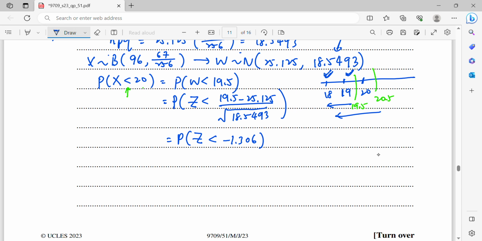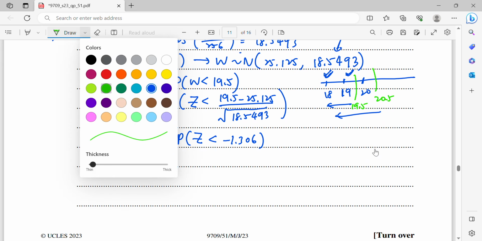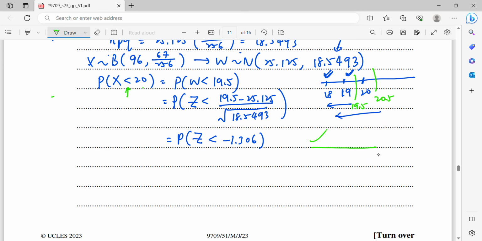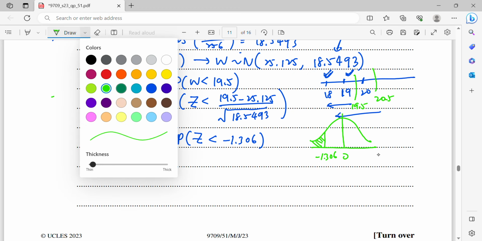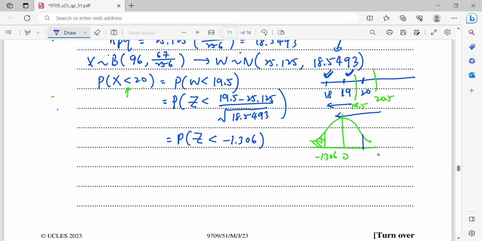And then we have to sketch a graph. The region is towards the left hand side. Now I reflect it to the right hand side, and then the region will be the upper region. The table always shows the region towards the left hand side, means that in order to get the region on the right hand side, it will be 1 minus P(Z less than 1.306).